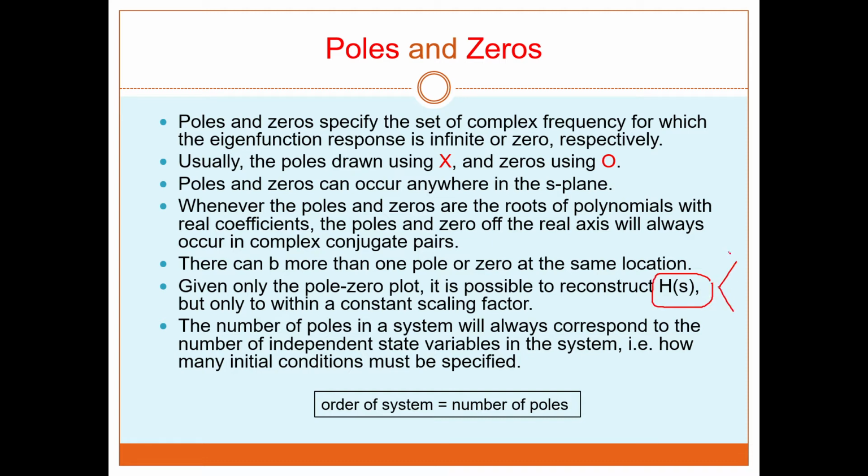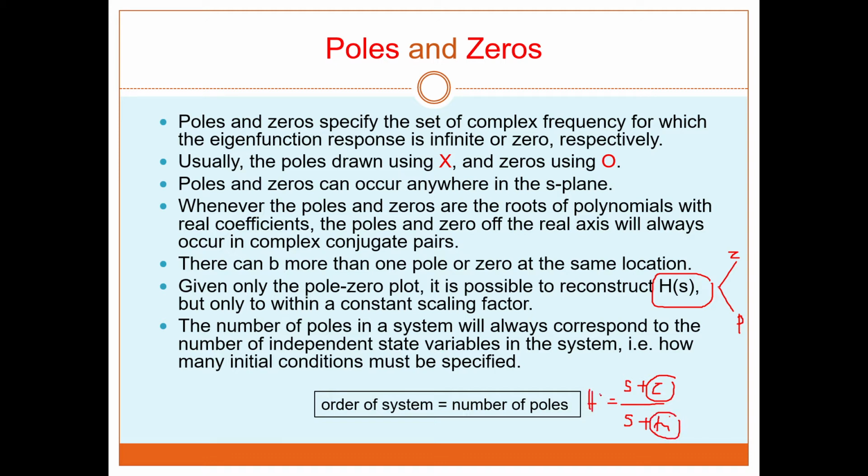If we see, we know that the numerator is s plus z and the denominator is s plus lambda i. So this is the value of the zero and pole, and we can know the transfer function.